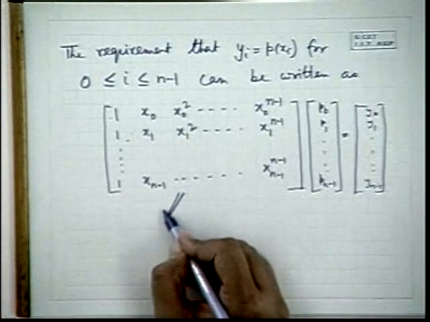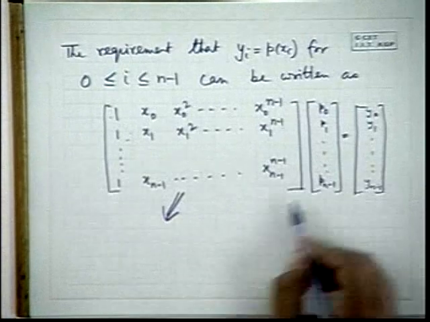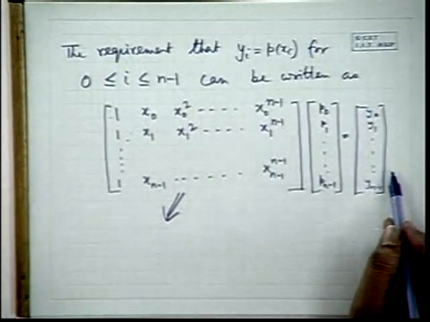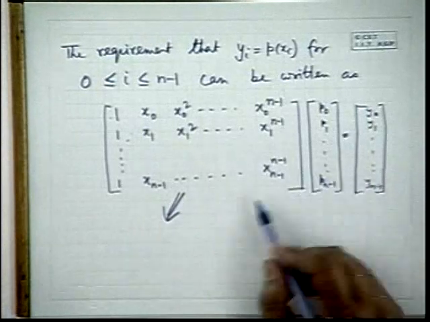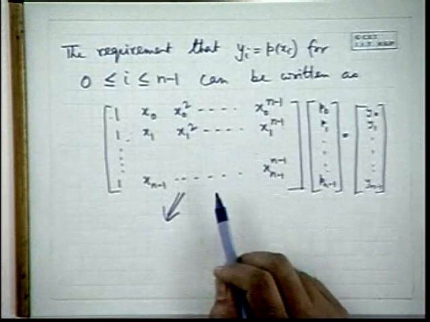Now, if the determinant of this matrix is not 0, then this has a unique solution. And if xi is not equal to xj, if that condition is true, this will not have a 0 determinant.